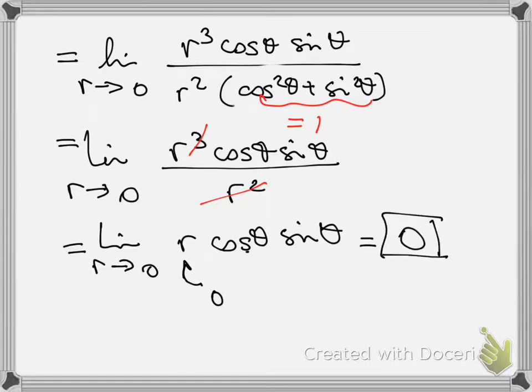So here what I am saying is, you change the variable, use polar coordinates, and this limit here is 0, so it doesn't really matter what the path is. The limit is 0 for any path.